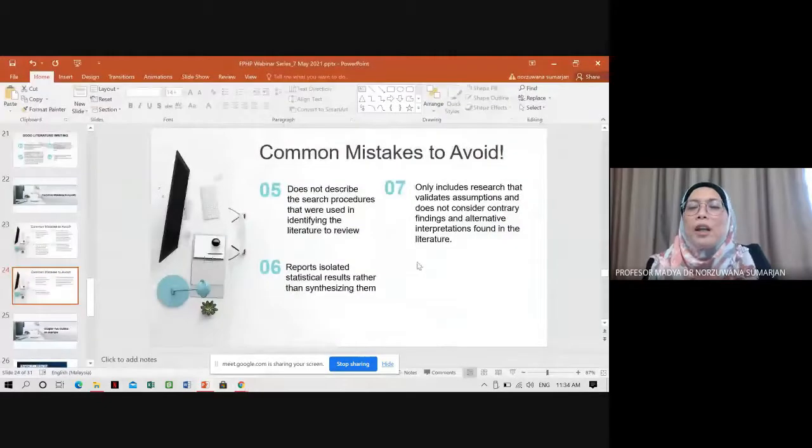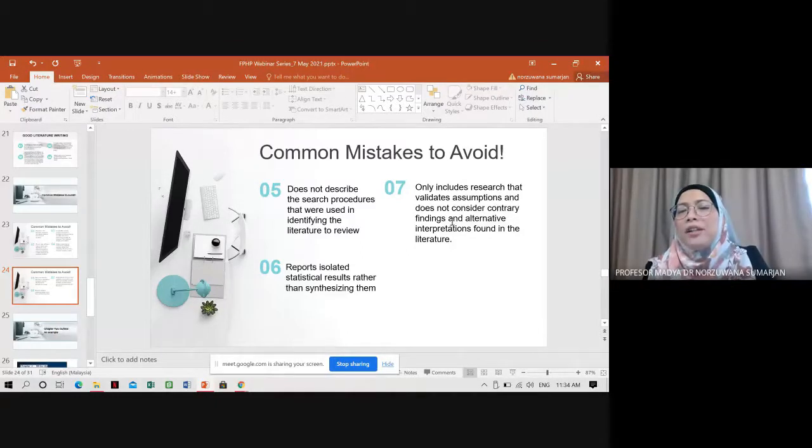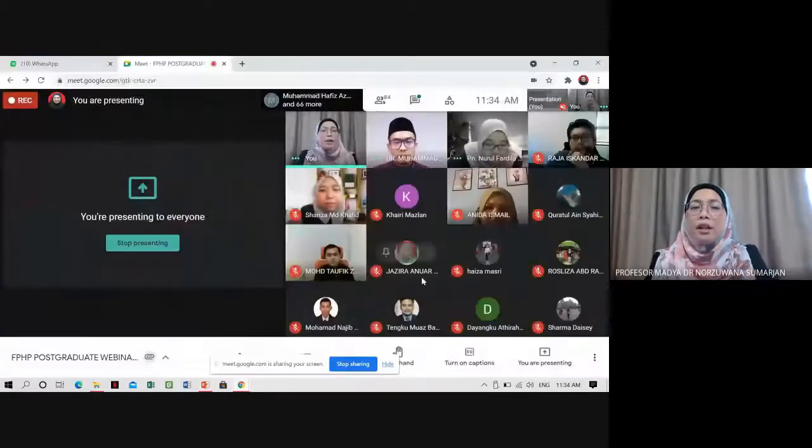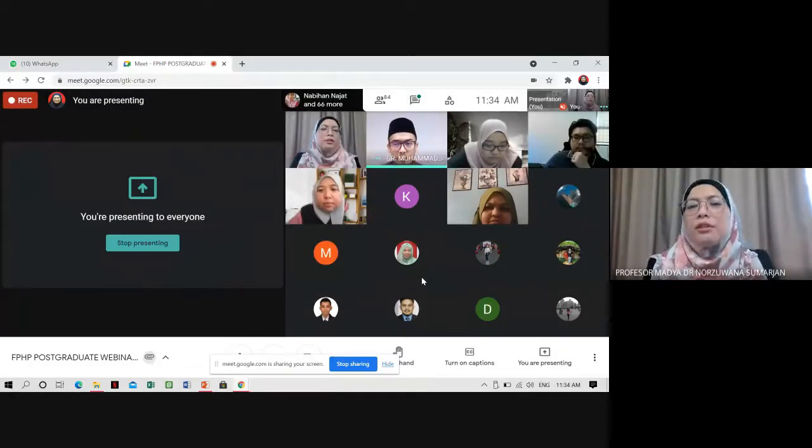And seven: only includes research that validates assumptions and does not consider contrary findings and alternative interpretations found in the literature. What does this mean? It means that you only take the supporting literature.